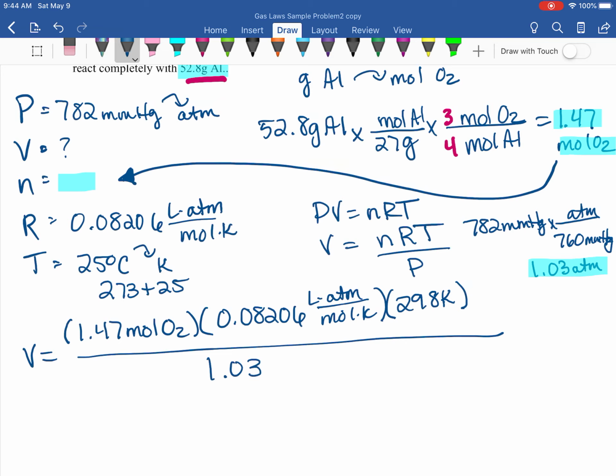How does that sound? Okay, 1.03 atmospheres. Let's double check our units. Okay, moles done, Kelvin done. We are left with liters, and let's plug all this in and see what we get.